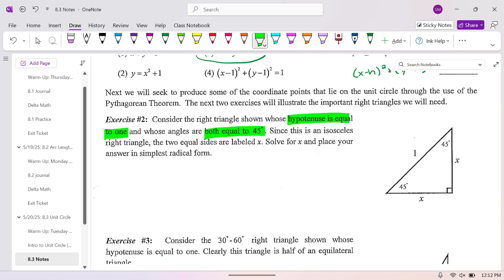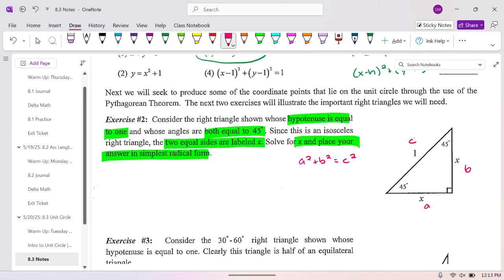Since they are isosceles triangles, that means 2 equal sides are labeled x, and we're going to solve for x and place our answer in the simplest radical form. So we're going to use Pythagorean theorem here. So we're going to use a squared plus b squared is equal to c squared.